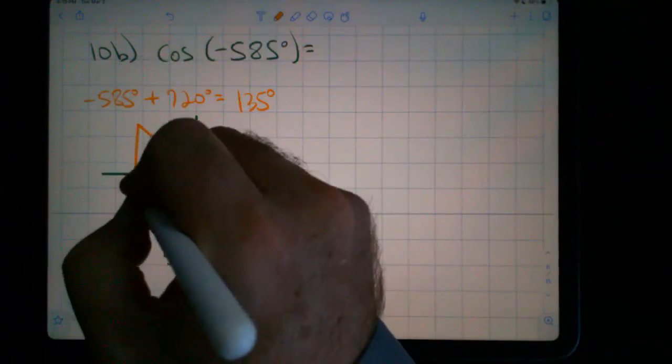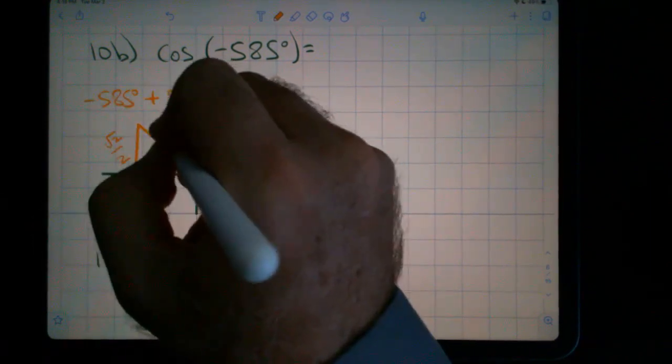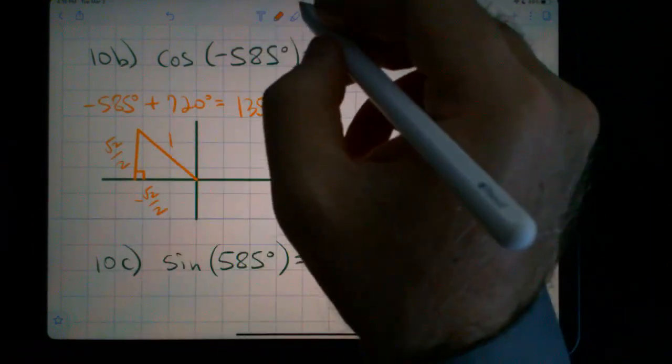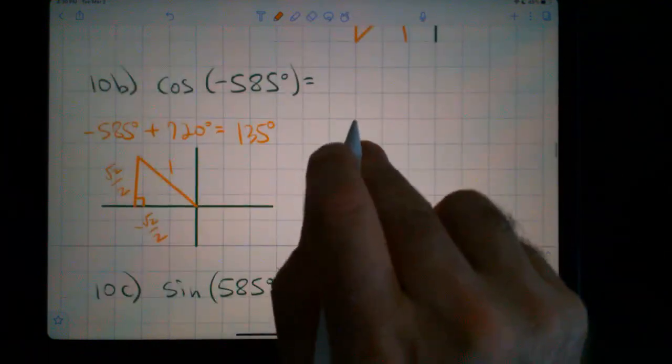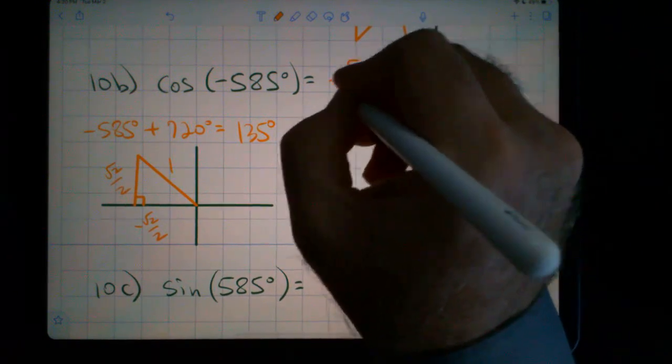So this is negative radical 2 over 2. This would be positive radical 2 over 2 with a hypotenuse of 1. So cosine is the x value. So cosine here will be negative radical 2 over 2.